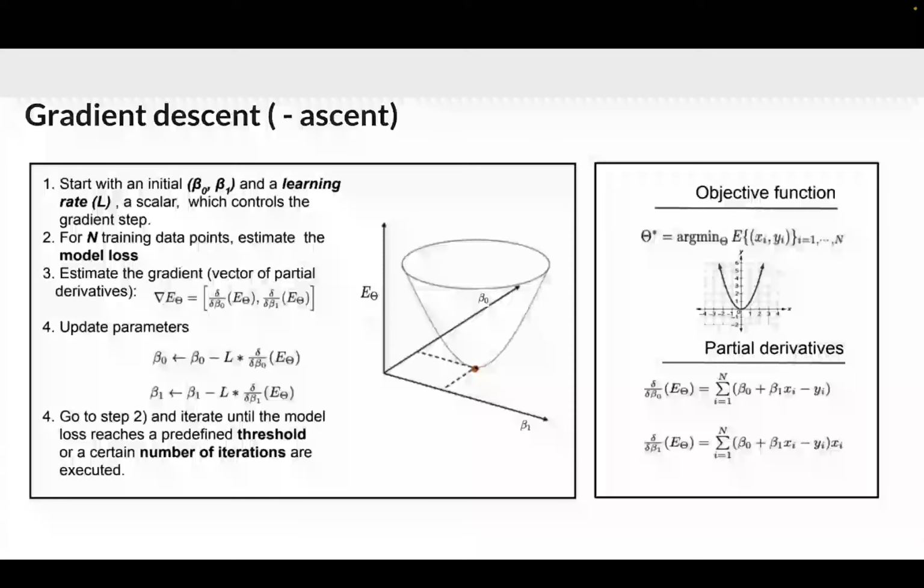Partial derivative means that you take a derivative per parameter. So although this error function is a function of two variables, beta 0 and beta 1, I am estimating the derivative for beta 0 and another derivative for beta 1, for the same error function. You know your initial beta 0, you have a learning rate, and you got your derivative. If you apply this rule, you will get a new beta 0 and beta 1.